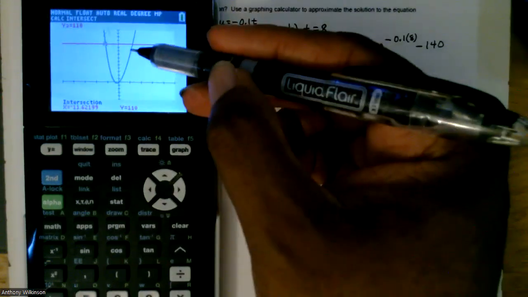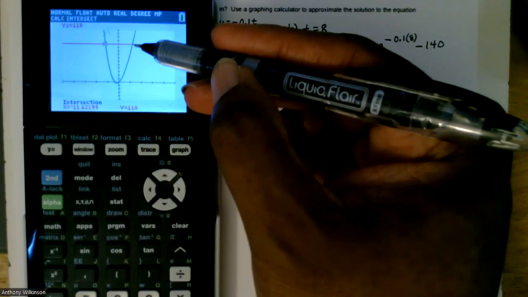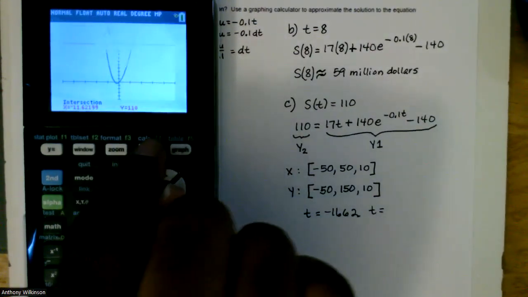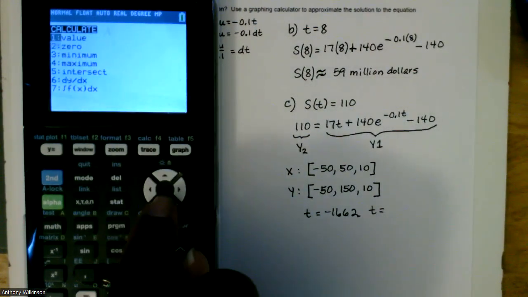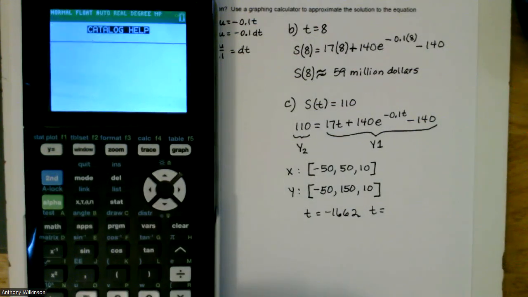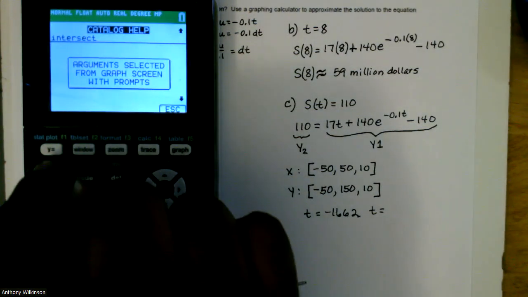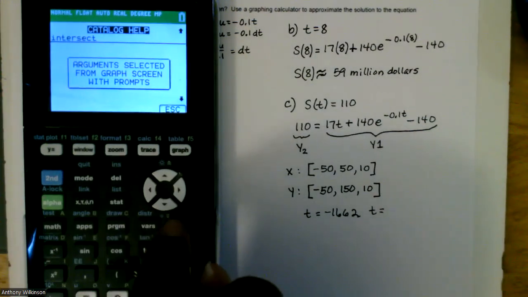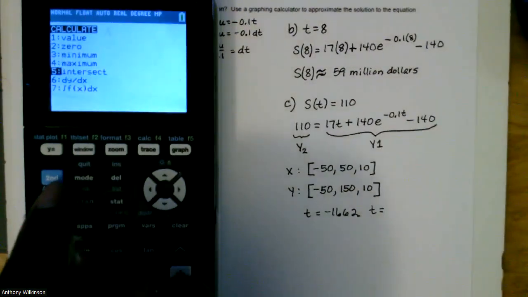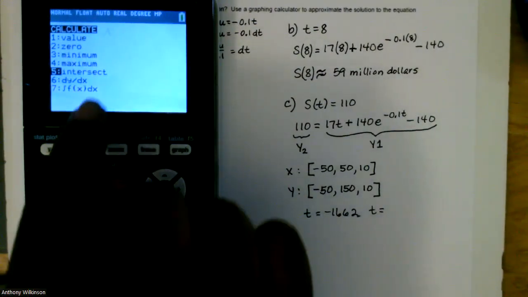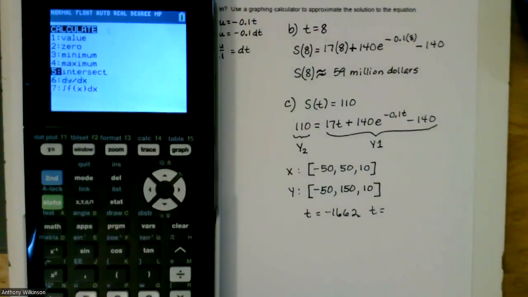Now, for my other point of intersection, which is the one on the right-hand side, I'll do the same thing. Second and trace for the calculate menu. I'll select number 5 for intersection. Let me quit here. All right. Second and trace, then select number 5, and then you're going to press enter.